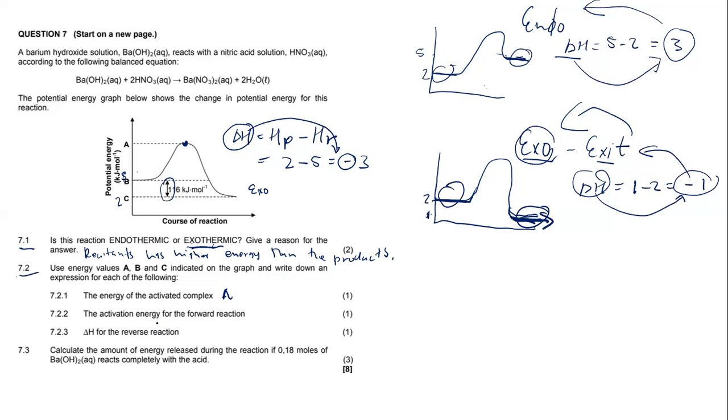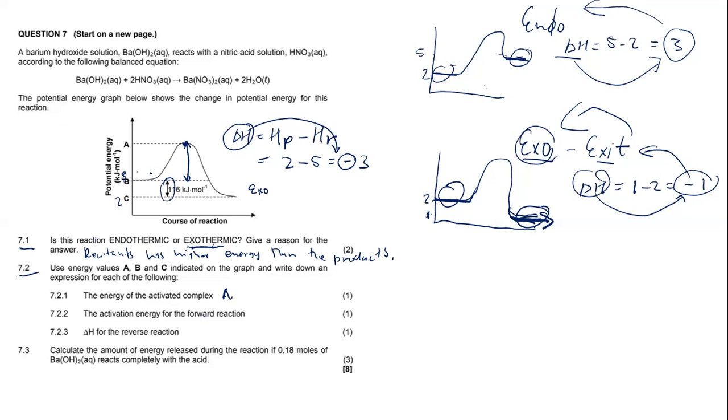And therefore, the activation energy of the forward reaction is from A to B. So why is this activation energy of the forward reaction from A to B? Simply because for this reaction to take place, we need an activation energy. Remember that. So that means we need this energy to reach the activated complex.